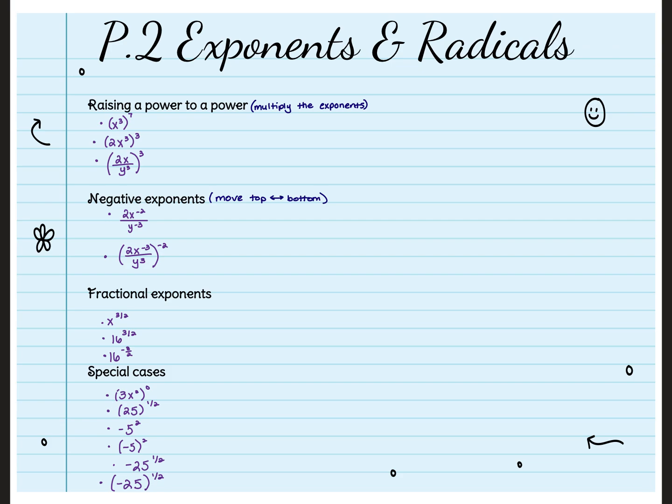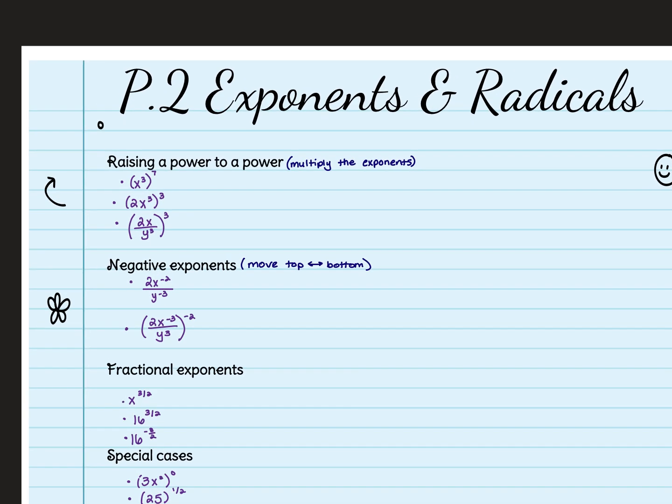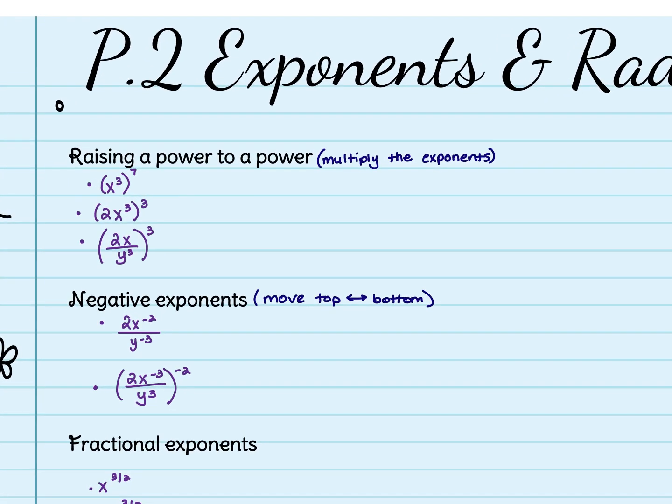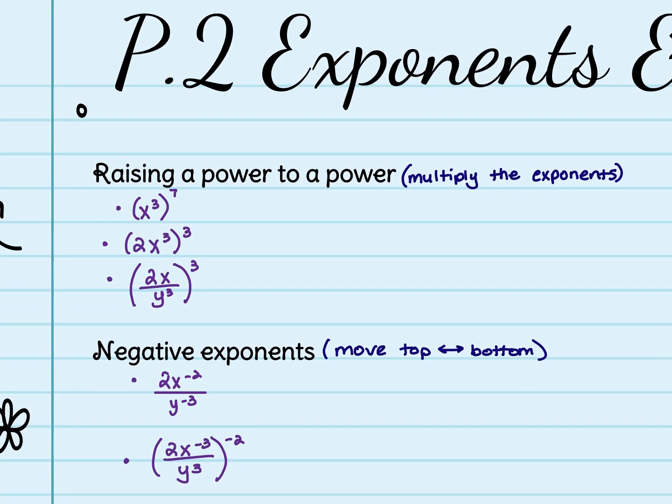All right, and now moving along. Okay. Now, when you raise a power to a power, you always want to multiply the powers. You hear me say it all the time in class. Power to a power, you multiply the powers. In this first example, I have x to the third power to the 7th power.